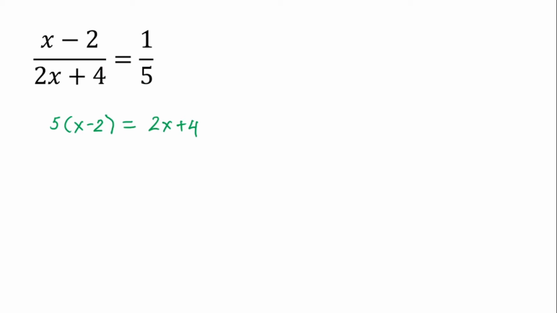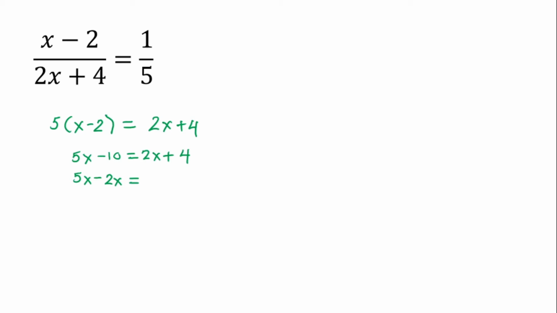Now let us distribute 5 to x minus 2. 5 times x is 5x. 5 times negative 2 is equal to negative 10 equals 2x plus 4. And then, let us combine like terms. We will transpose 2x to the left, so it becomes 5x minus 2x equals negative 10.